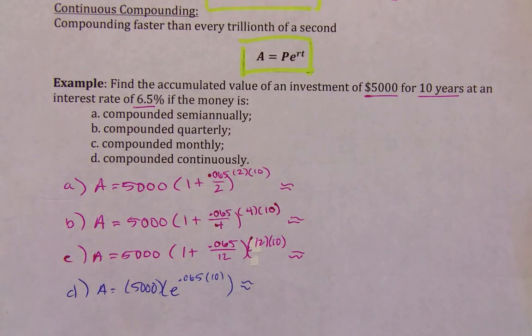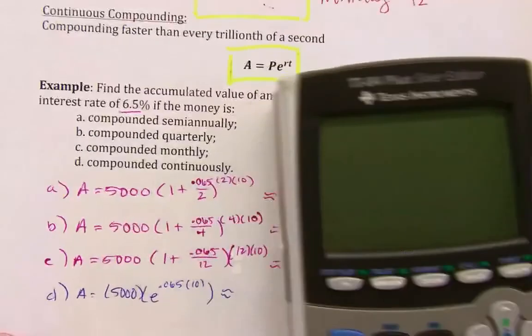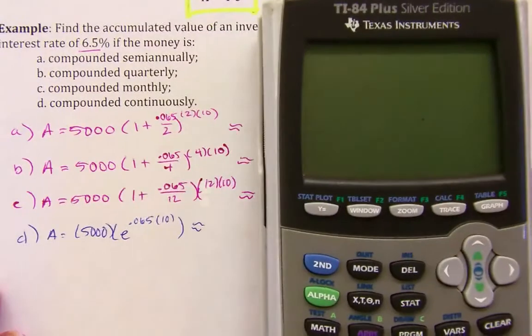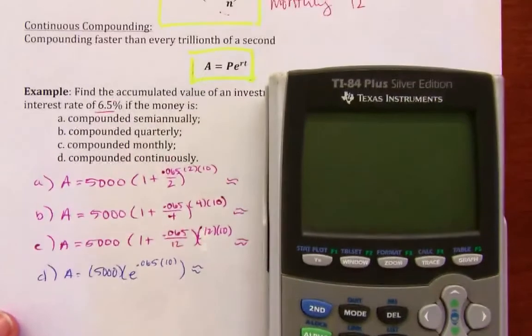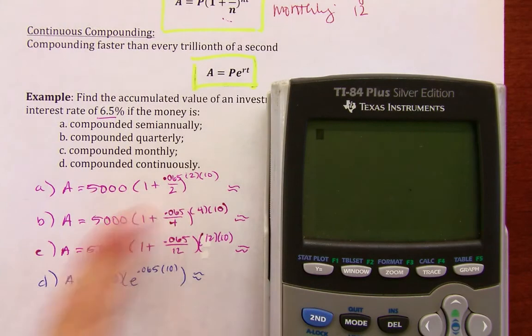So, pulling out my calculator, I'm going to go ahead and try and get all of this in the screen at the same time. So, let's see if I can fit everything. Okay. So, this first formula right here, I'm plugging all of this in.